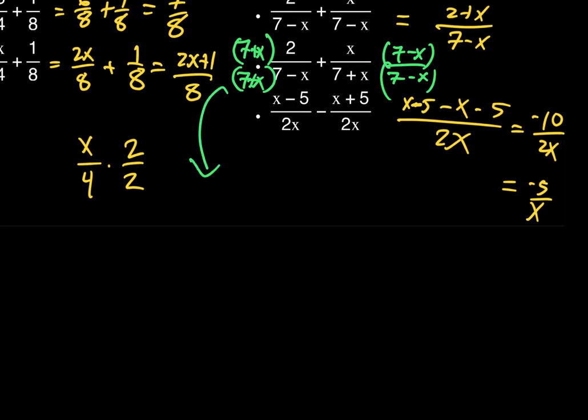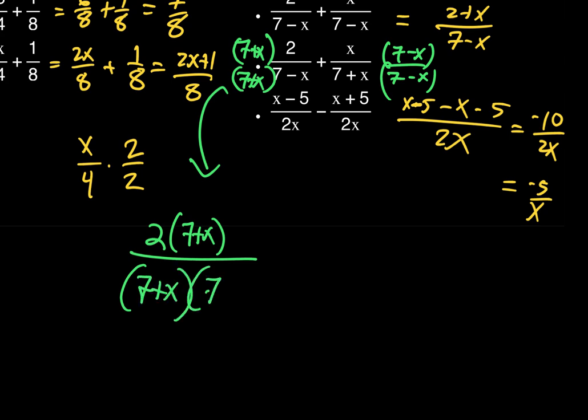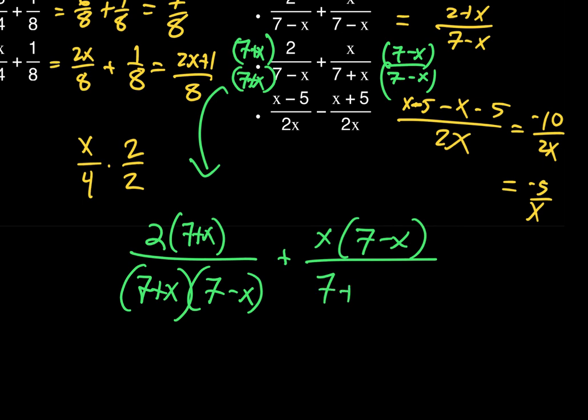Bring this one down here. So I'll have 2 times 7 plus x in the numerator. In the bottom, 7 plus x, 7 minus x, plus, then I'll have x times 7 minus x over 7 plus x, 7 minus x.